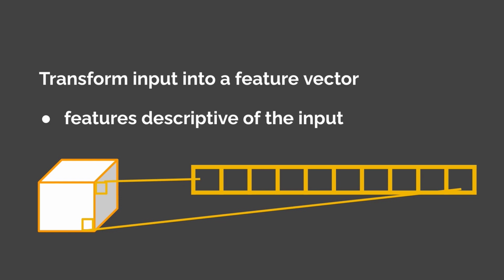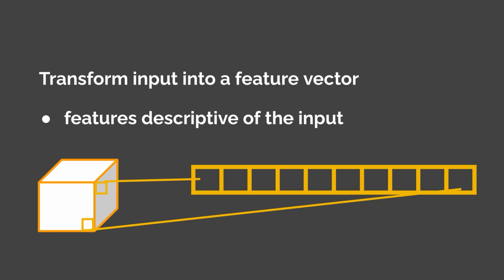For example, the number of sides, the number of straight lines, perhaps width and height, area, perimeter, and those could be irrelevant features, but the relevant features will be the number of sides, because a triangle has 3 sides and a square has 4 sides. So every sample will have a list of features.